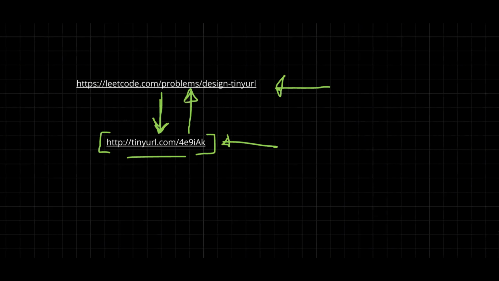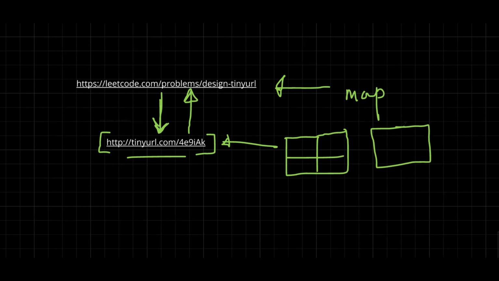Now, we can solve this kind of problem by using the map data structure. Suppose we are using two maps. One is for encoding and another is for decoding. Okay, good.